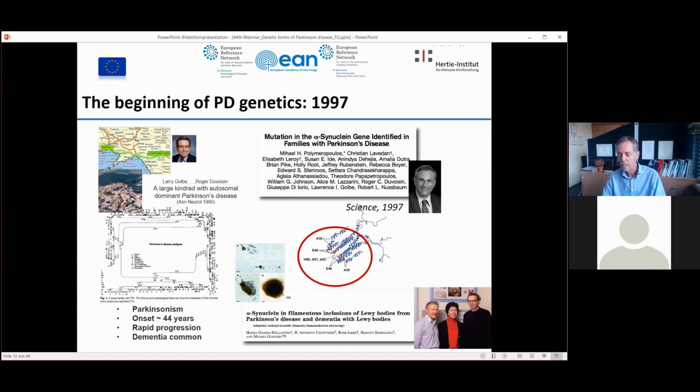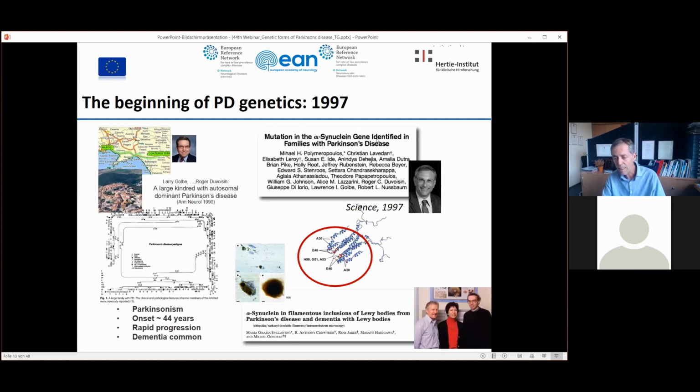The genetic history started about 1997, really, the modern genetic history of Parkinson's disease. Until then, we thought that Parkinson's disease was not a genetic disorder. In 1997, Bob Nussbaum discovered in a family that was identified by Larry Golbe, with origin in the south of Italy, the so-called Contursi kindred, a mutation in a gene for alpha-synuclein.